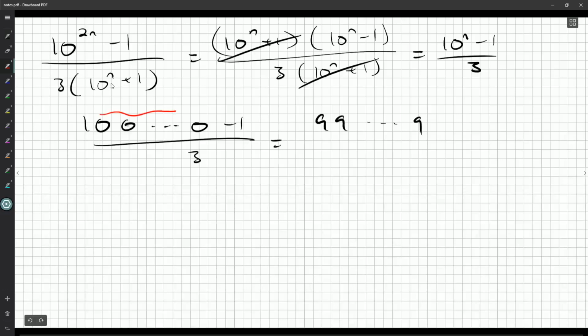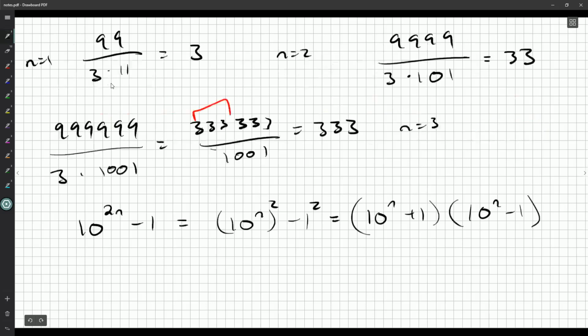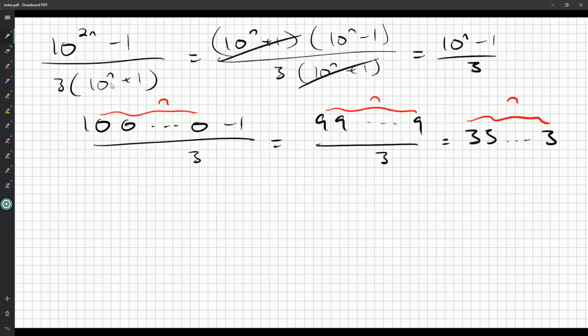So if I have n zeros, I'll get n 9s. And if I divide that by 3, each of these 9s divides by 3, and I'll get a number that is just n 3s in a row. So the pattern that we see with 1, 2, and 3 does continue on. So there's the mathematical reasoning or proof behind it.